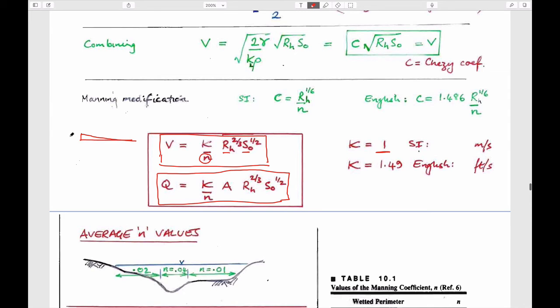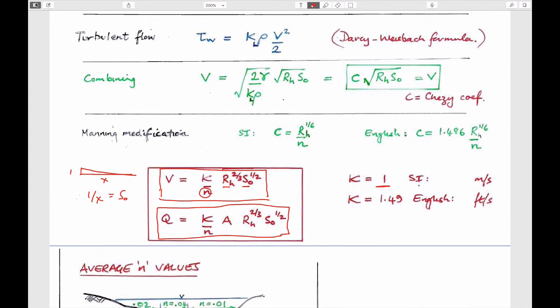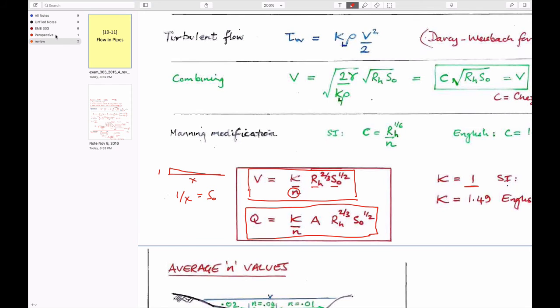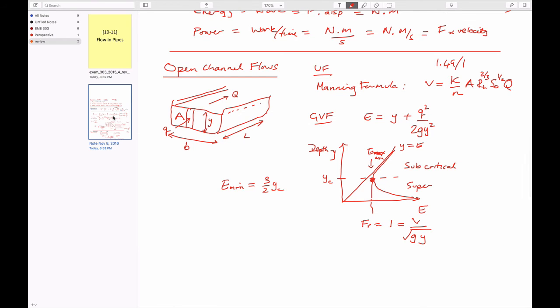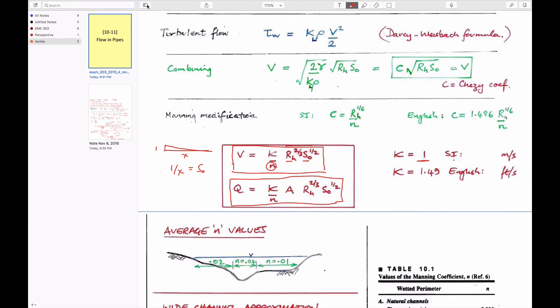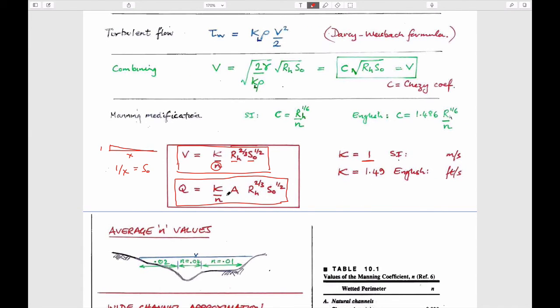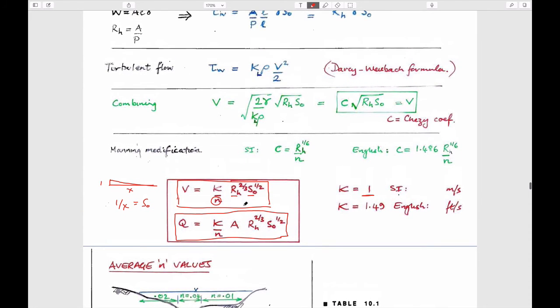As a number of 1 over n. I should make this change early on. So remember I made that mistake, so don't forget that. So that's this. Hydraulic radius and slope of the bed.